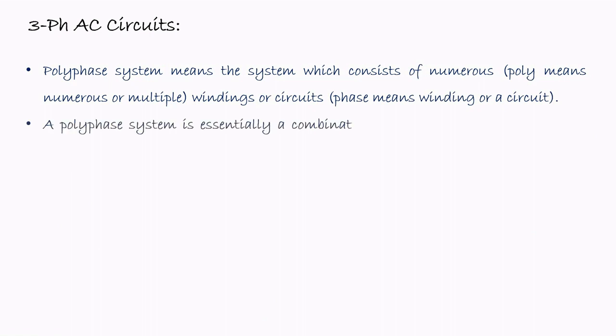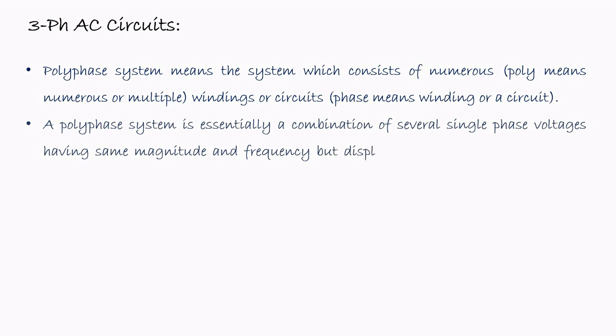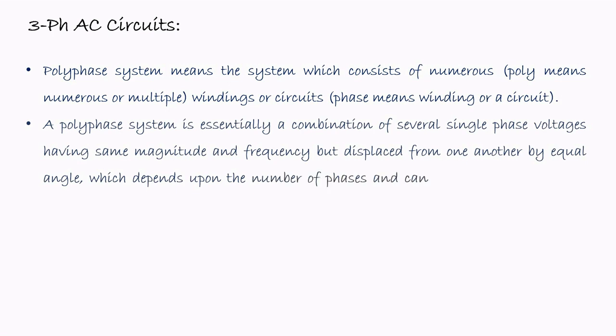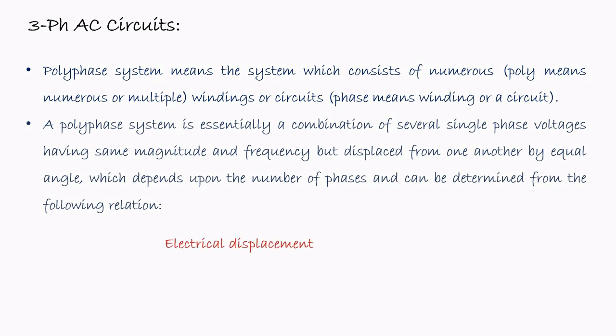A polyphase system is essentially a combination of several single-phase voltages having the same magnitude and frequency, but displaced from one another by an equal angle, which depends upon the number of phases and can be determined from the following relation, where the electrical displacement is calculated as 360 degrees divided by the number of phases.